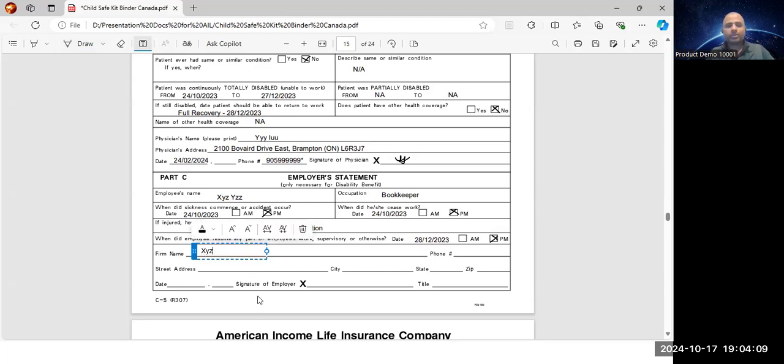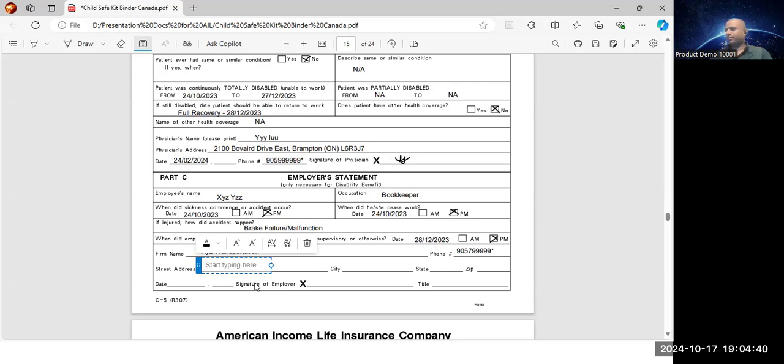So let's say XYZ Transportation. This would be the same name as in Part A. Phone number, this is for the employer. Again, this number should be reachable, both for inspection reports as well as for the insurance company to call. The street address, this would be your employer's address, the place where you work.